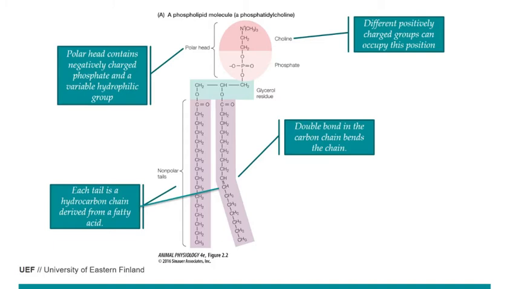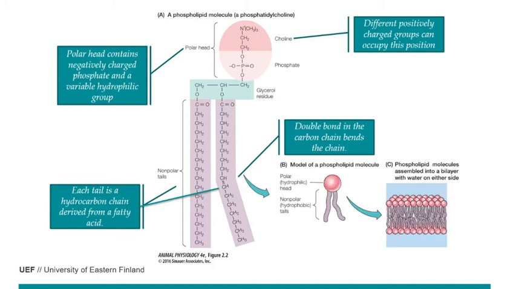This is the quite often seen structure of phospholipid, and they make a bilayer together, so the polar head is toward the water phase. This happens spontaneously because we have a long nonpolar area that is always trying to get as far from the water molecules as possible.